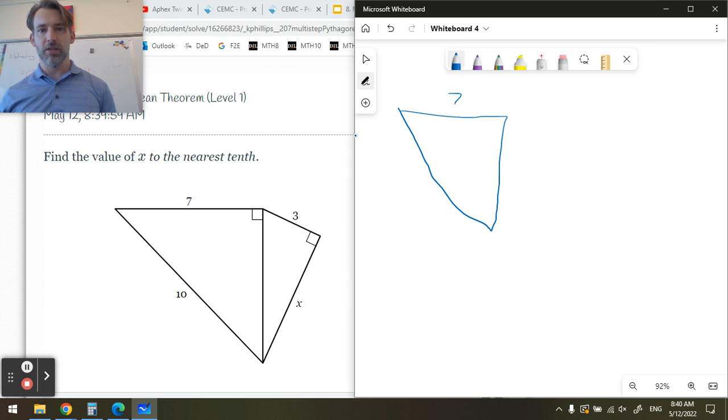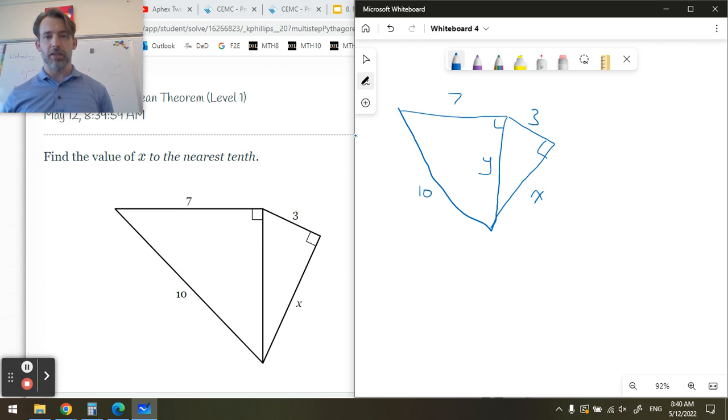So I know this is 7, this is a right angle, this is 10, and then I have another right angle triangle coming off here. This is 3, this is x, and I don't know this side, so let's call it y.